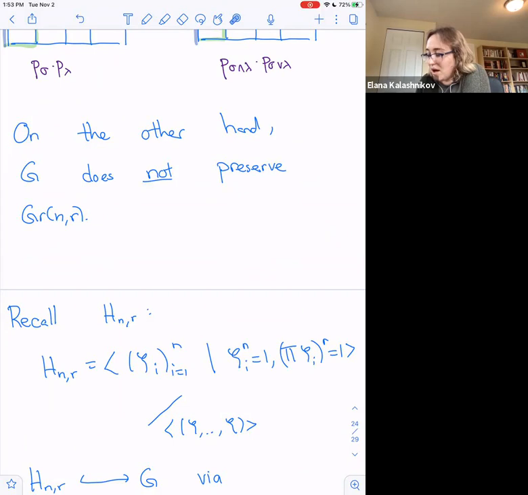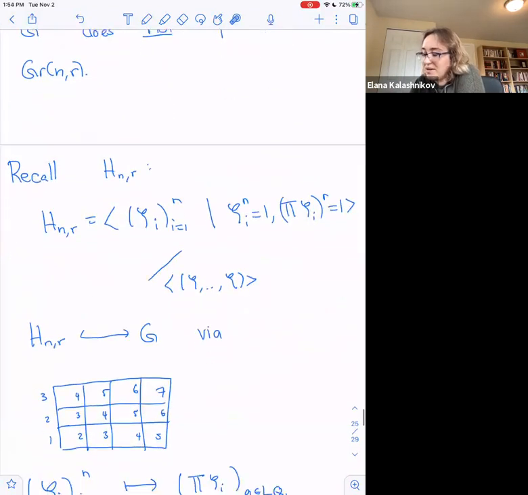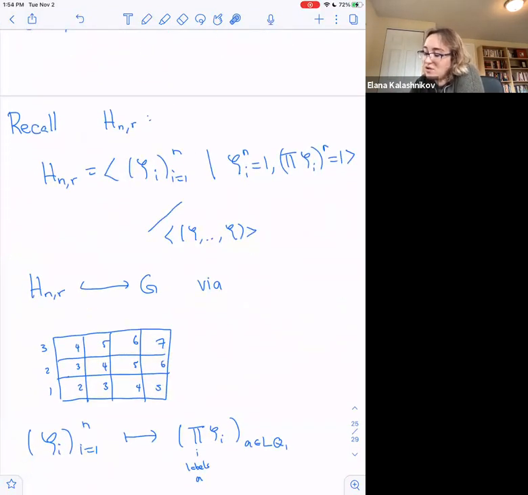Remember, I defined H_{n,r} as the group which naturally generalized the Greene-Plesser group that appeared in the mirror of the quintic. It was indexed by n-tuples of nth roots of unity, quotient by the diagonal one. And you can view it as a subgroup of G by just taking a natural embedding in it.